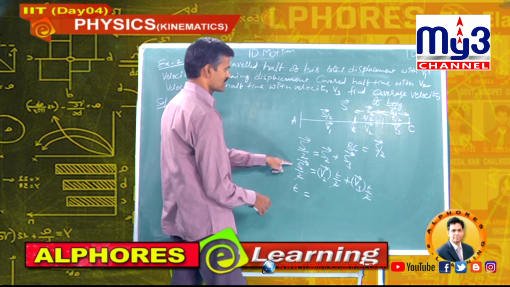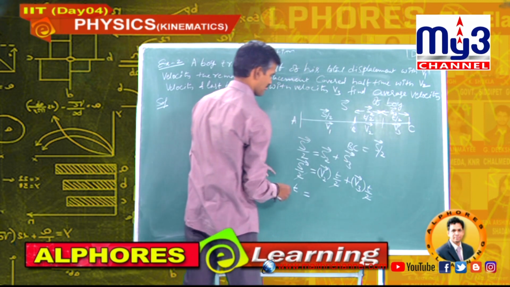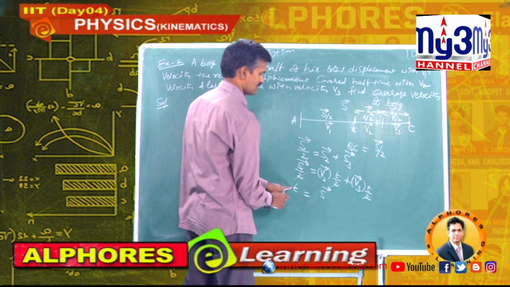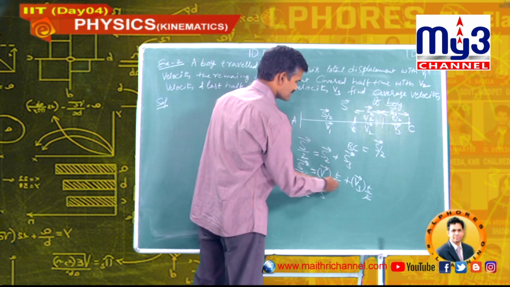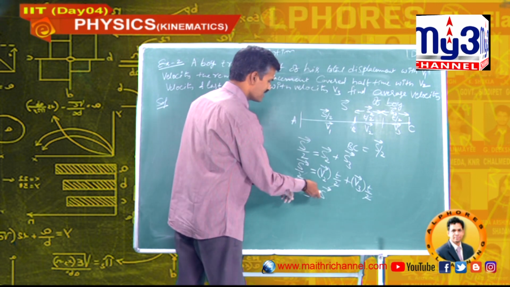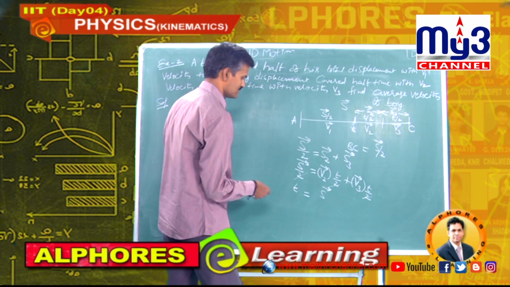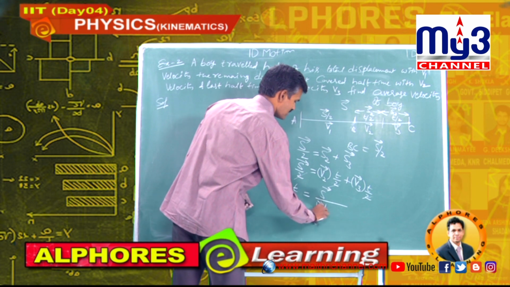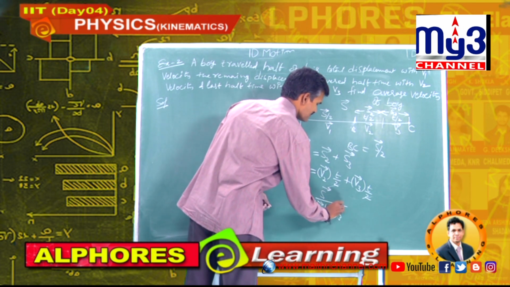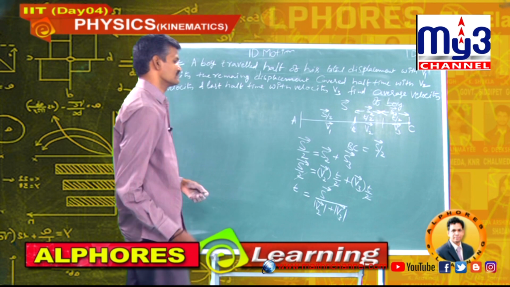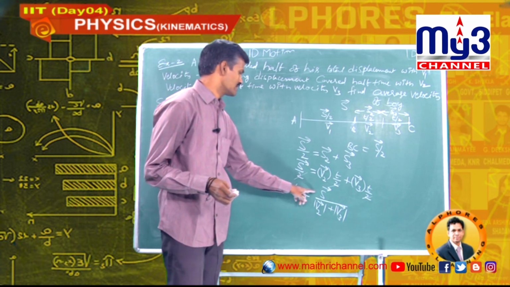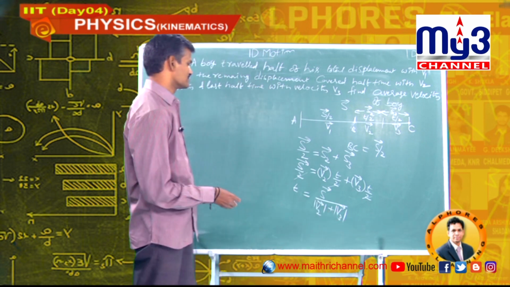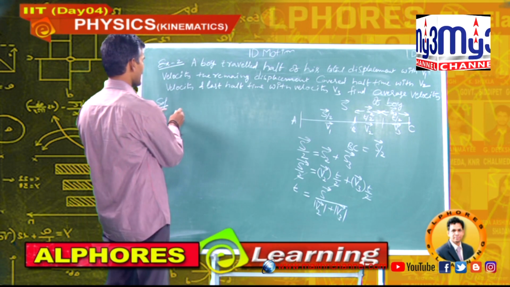The time taken for this BC journey is S bar by, while writing in the denominator you have to mention mod, V2 bar mod plus V3 bar mod. That is the time.